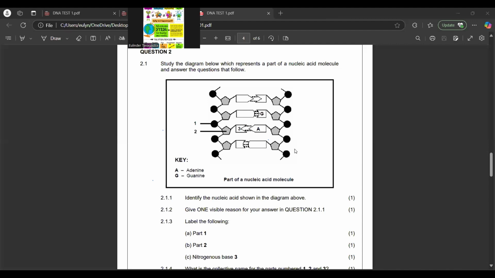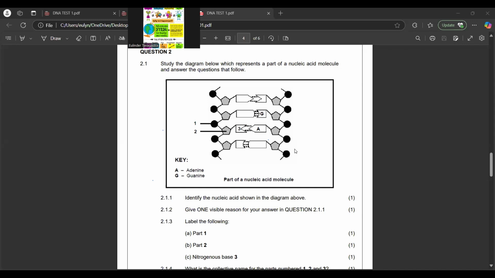Let's move on to question 2. Study the diagram below which represents part of a nucleic acid molecule and answer the questions that follow. Okay.